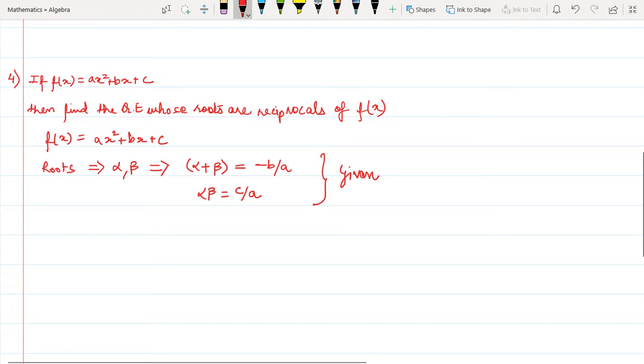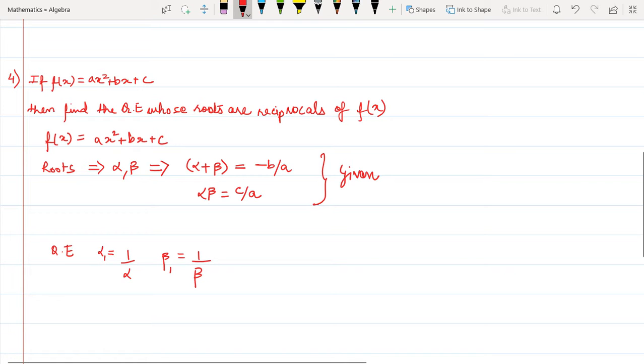Now I have to find a quadratic equation whose roots are reciprocal. So reciprocal means alpha 1 is equal to 1 upon alpha, and beta 1 is equal to 1 upon beta.